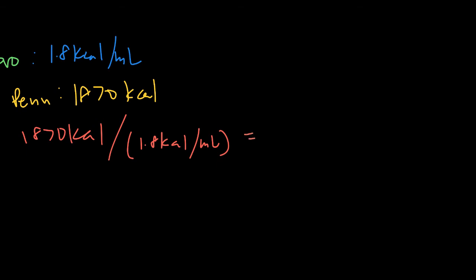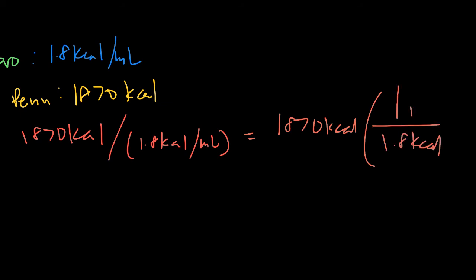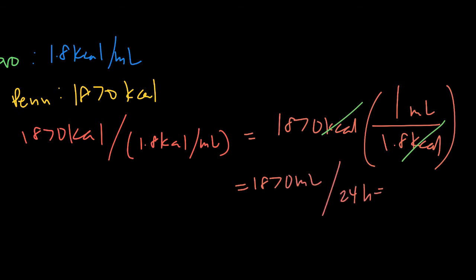That means when you divide, you switch units around, times 1 mL per 1.8 kcal. Cancel out the kcal. Gives you 1040 mL, divided by 24 hours gives you 43 mL per hour.